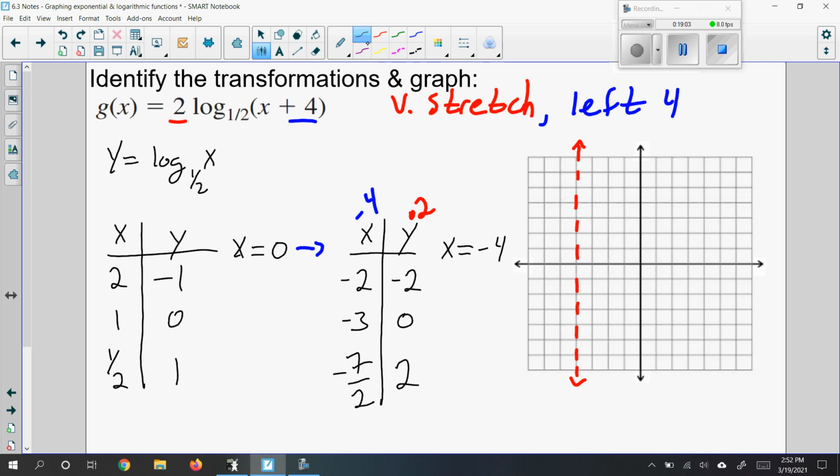And then we'll plot our points: (-2, -2), (-3, 0), and (-7/2, 2), where -7/2 is -3.5. So this is going to get infinitely close to our vertical asymptote, and then come on down this way.